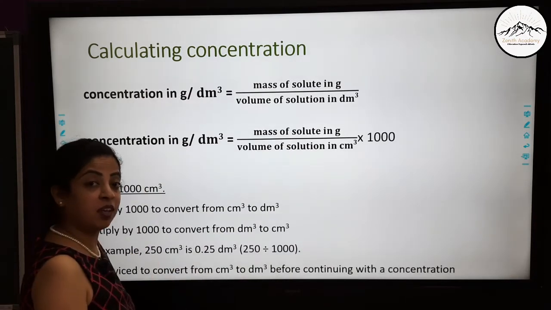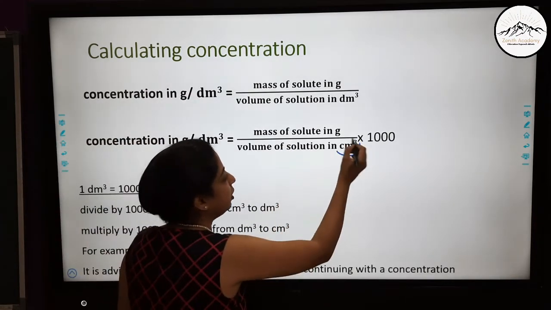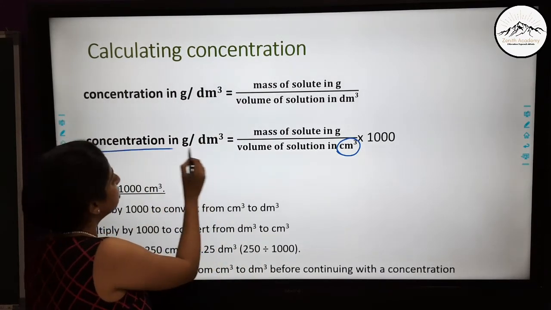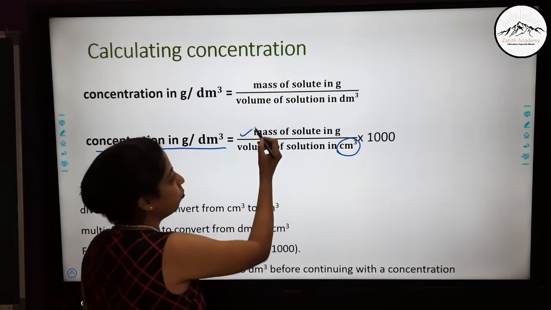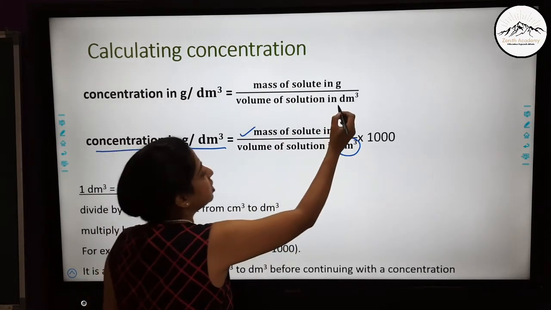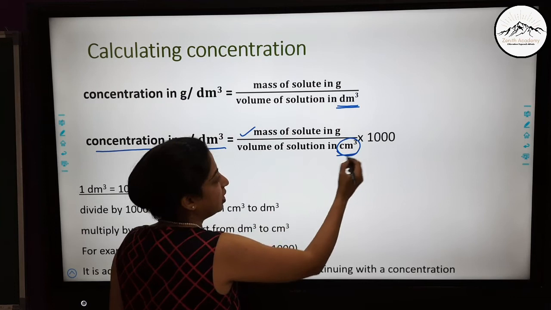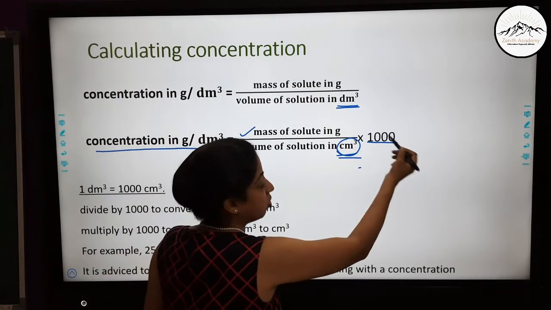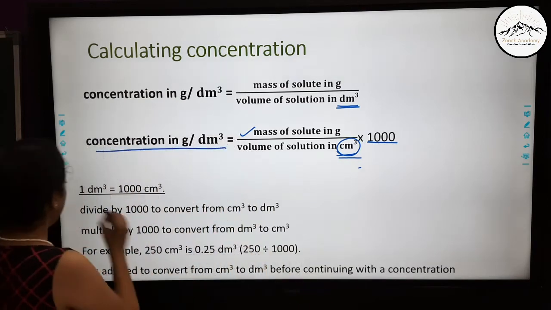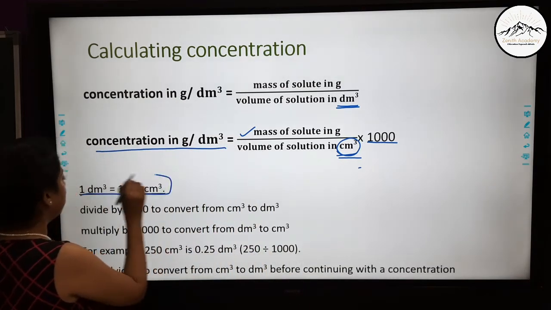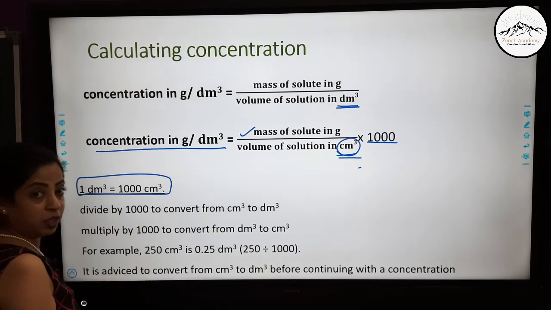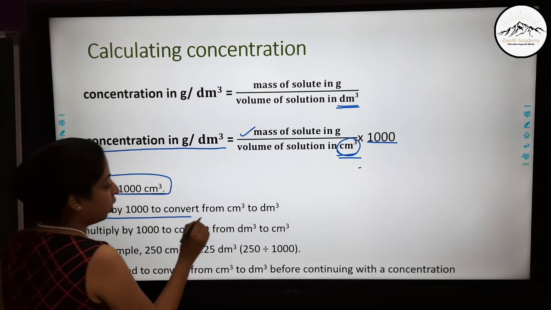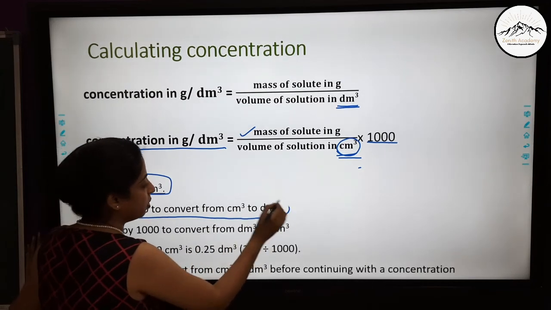But in case they have given the volume of the solution in centimeter cube, then in the same formula, the concentration in grams per decimeter cube is equal to the mass of solute in grams, multiplied by 1000, divided by the volume in centimeter cube. You should know 1 decimeter cube is 1000 centimeter cube, so you have to divide by 1000 to convert from centimeter cube to decimeter cube.